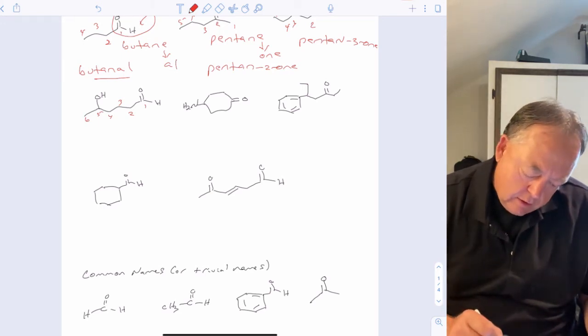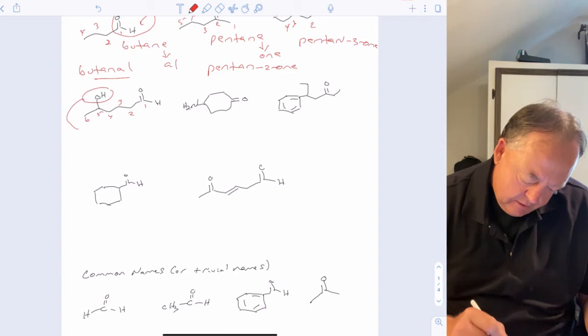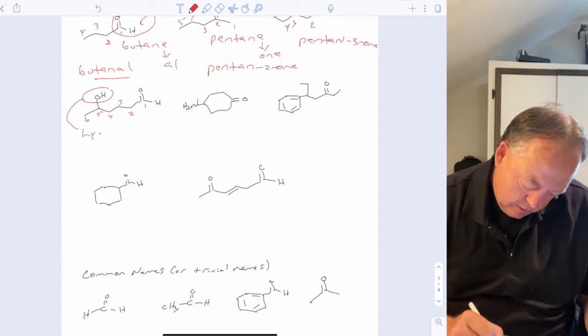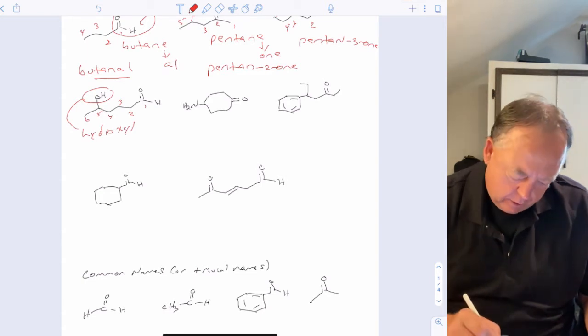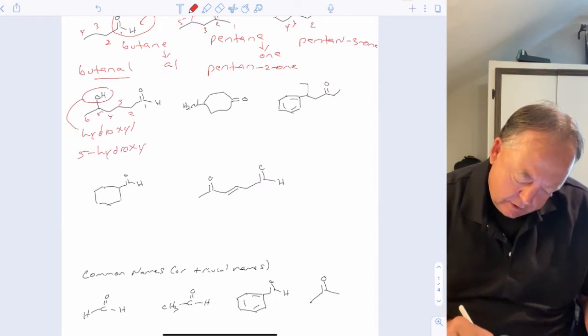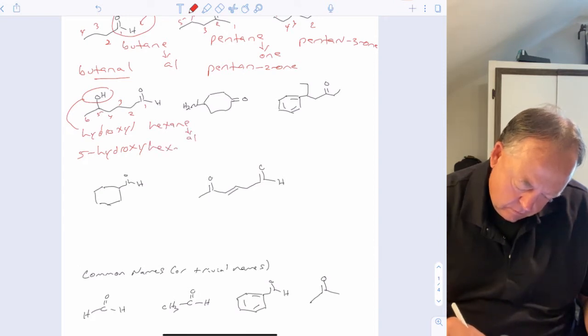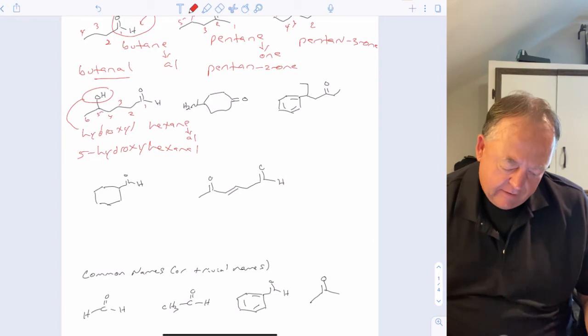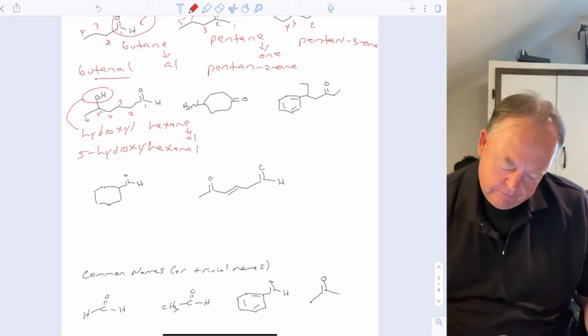So what do you call OH when it doesn't have priority? That would be called hydroxy. So this would be 5-hydroxy. 6 carbons would be hexane. Change the E to AL. So that would be 5-hydroxyhexanal.